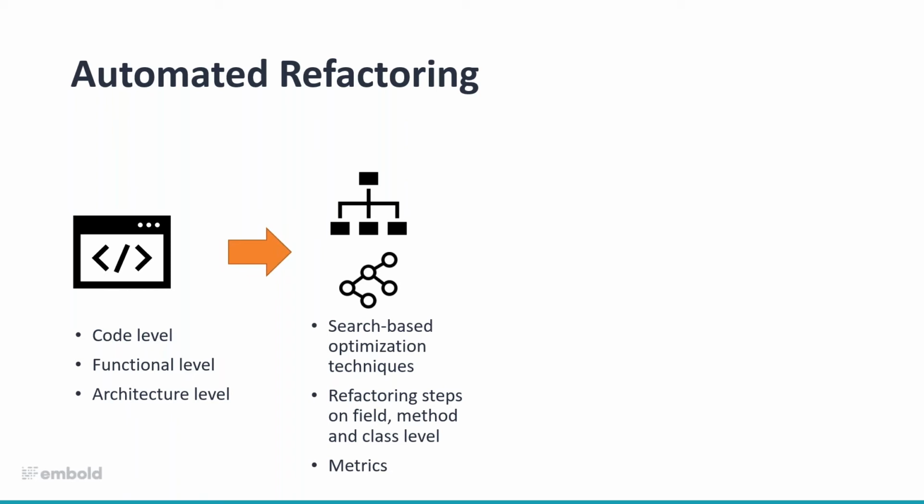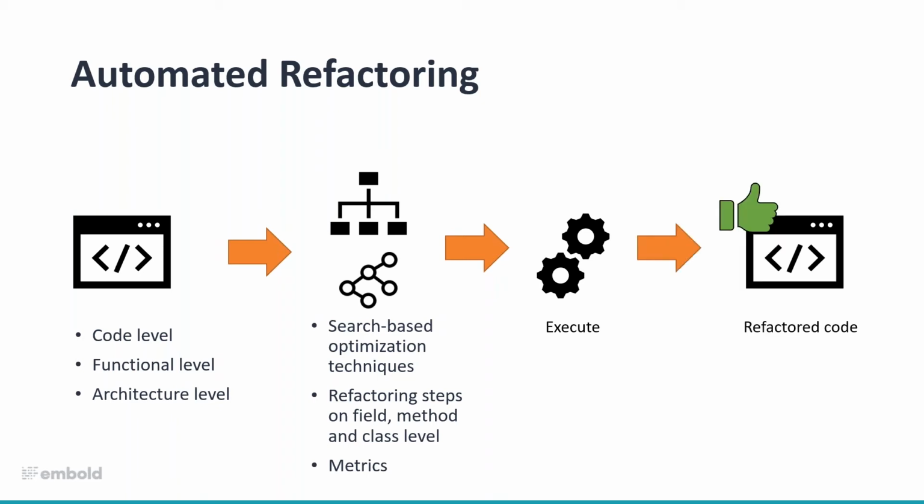Then we execute it, and it changes the structure of the software without disrupting its behavior. At the end, we have good, refactored code. That's not much to say about refactoring efforts, but we should look at how we can improve the refactoring technique.